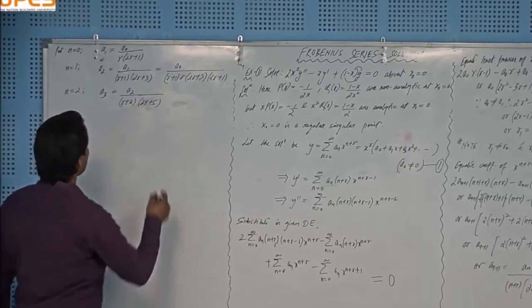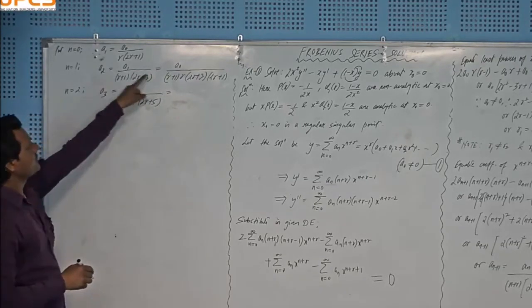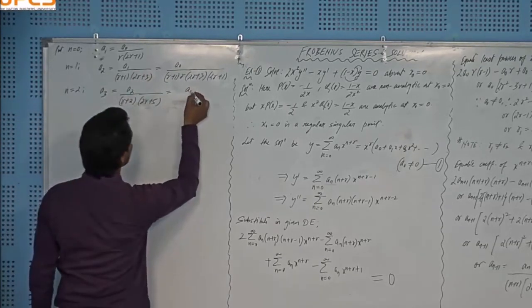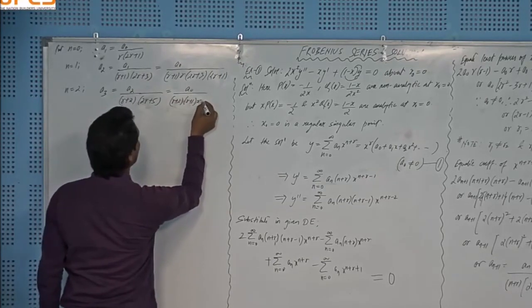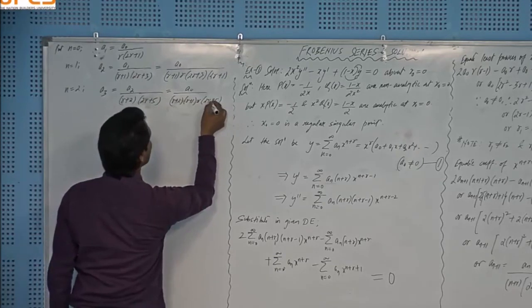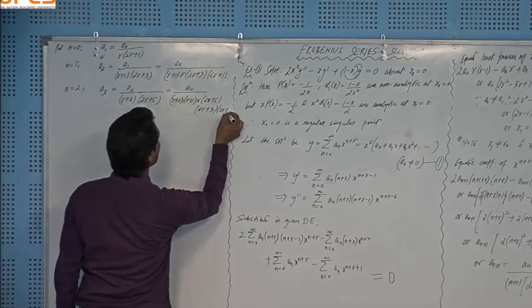Yes. And substituting the value of a2 from here, I will get a0 over (r+2)(r+1)(r)(2r+5)(2r+3)(2r+1).